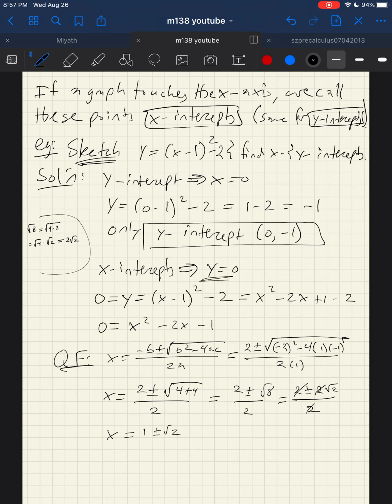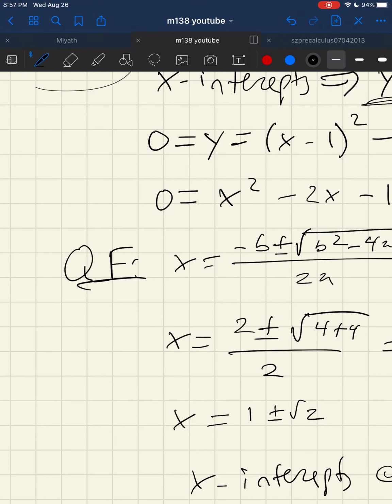And recall this happens when y equals 0. So we have x-intercepts at 1 plus square root of 2, comma 0, and 1 minus the square root of 2, comma 0. So let's just do a real quick sketch.